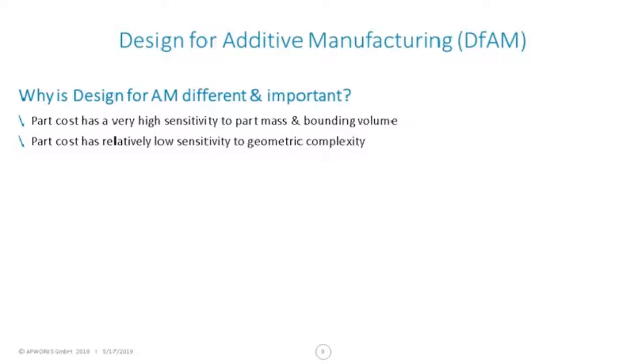In this case, we have a very low sensitivity to geometric complexity. So if you make the part more complex in order to reduce the amount of mass in the part, actually the part will get cheaper.